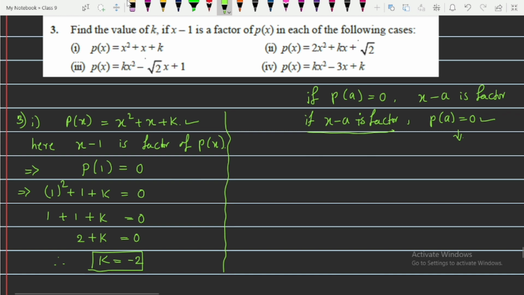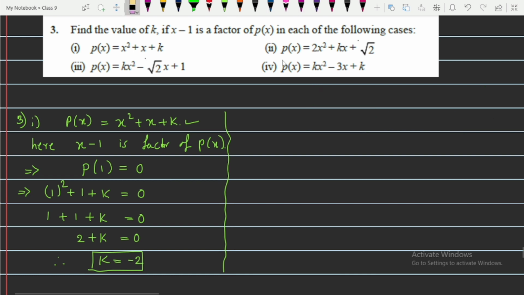Next we are going to see the third one. Again here also we are going to find the value of k. Yes. So in question number 3, in that third one we are going to do, again we are going to check x minus 1 is a factor or not. Okay, so again it is given the polynomial p of x, that is k x square minus root 2 x plus 1.